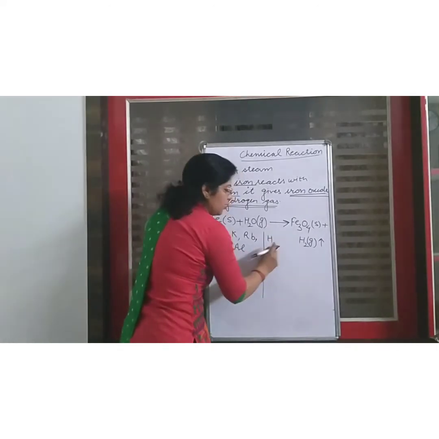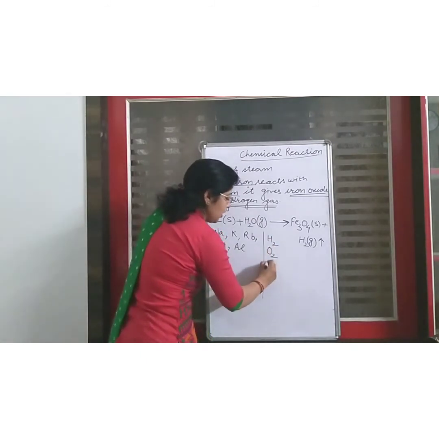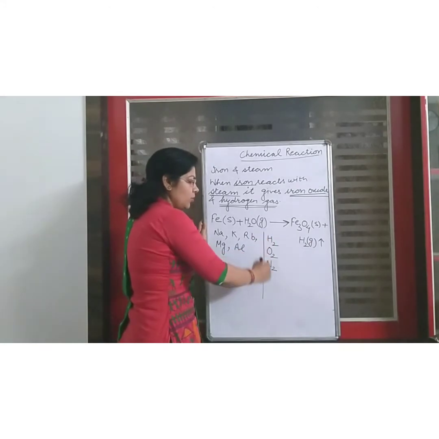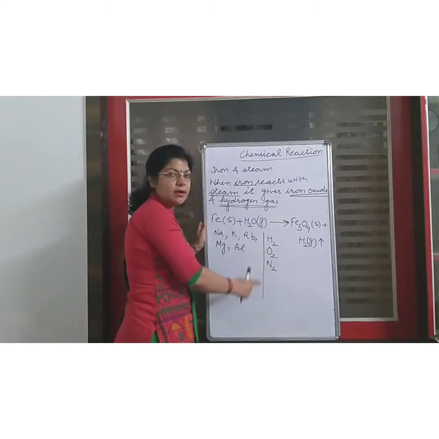Hydrogen gas exists in the form of H2. Oxygen gas exists in the form of O2. Similarly, nitrogen gas exists in the form of N2. These are all the gaseous states of hydrogen, oxygen and nitrogen.